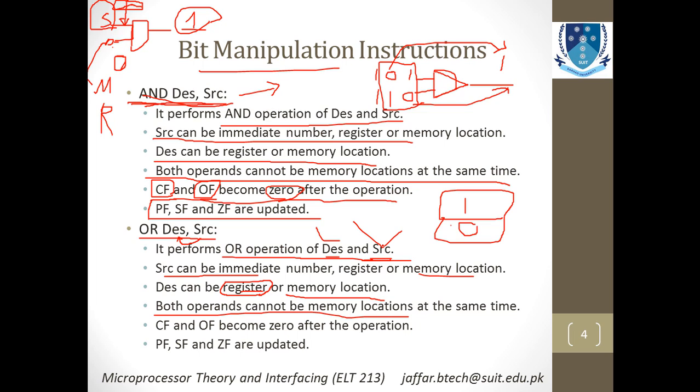So you have to come up with an immediate number or a register, but you cannot use a memory location if your destination is a memory location. So you have to manage this. It is very easy. I'll tell you how. This can be coped with, and I will provide you the solution.